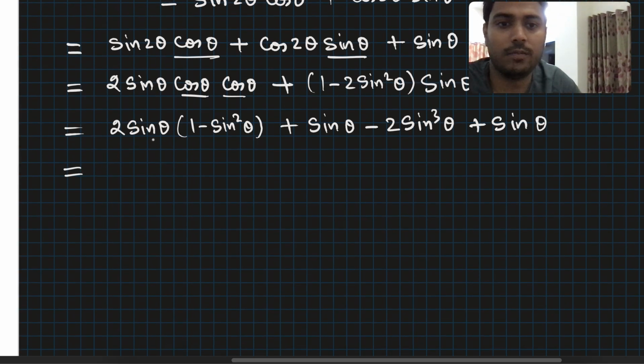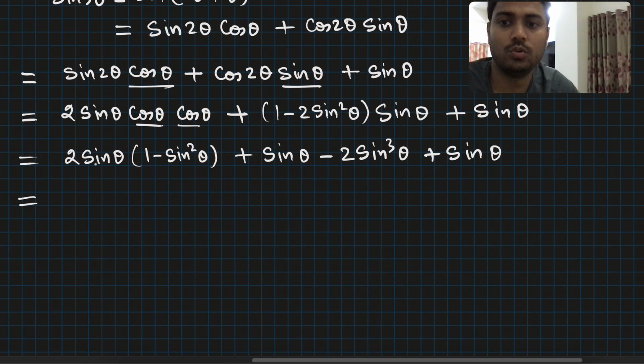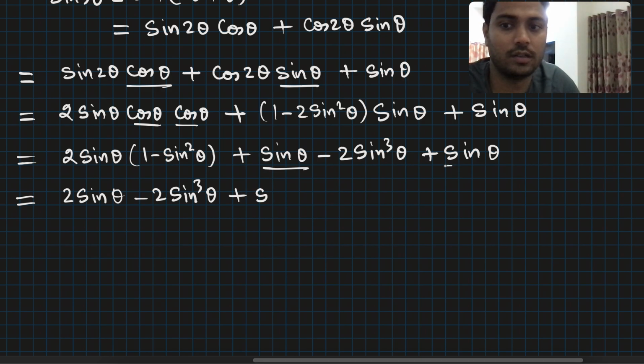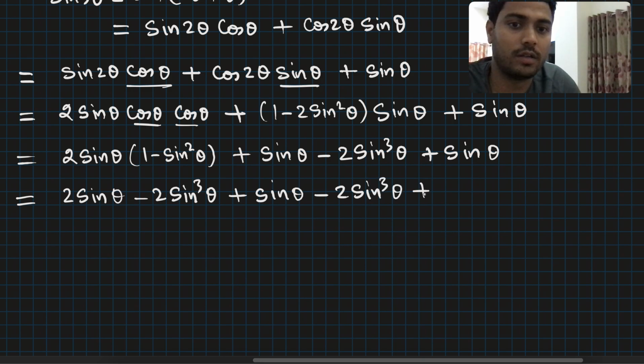So sine into 1 is sine theta, minus 2 sine cube theta, plus sine theta. Here also sine will multiply inside, so 2 sine theta into 1 is 2 sine theta, minus 2 sine cube theta, plus sine theta.